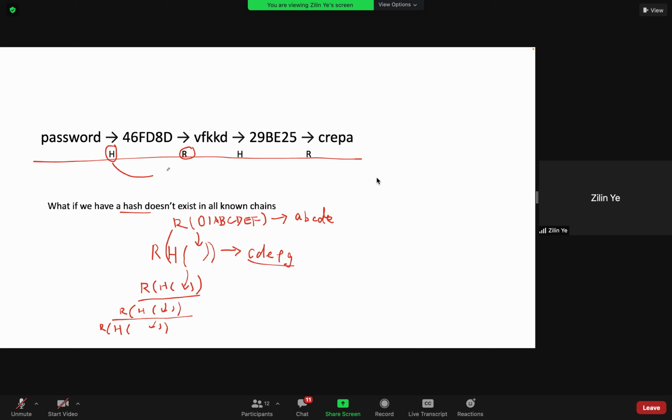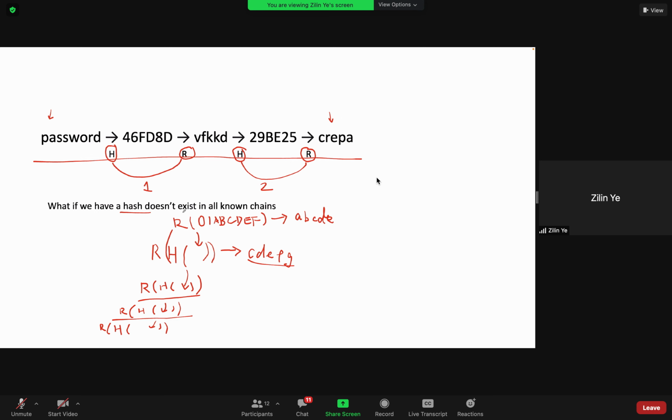If we take these two operations as one iteration, the longest chain in my database only takes 2 iterations. So if after 2 iterations of this reduce and hash I cannot find any head or tail that matches my known chains in the database, I know it is not in the database.